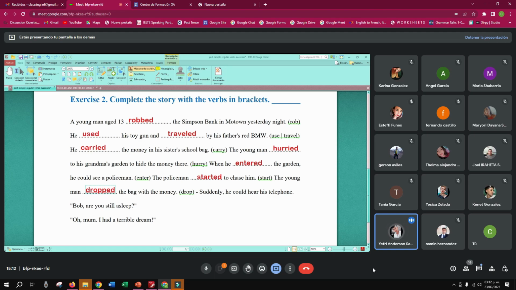To his grandmother's garden to hide the money there. When he entered the garden, he saw a policeman.